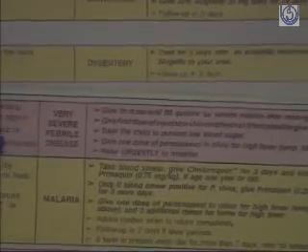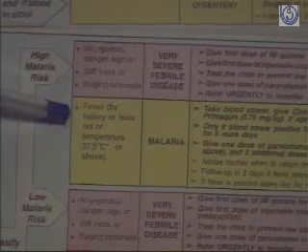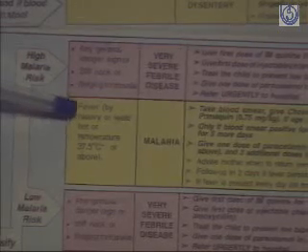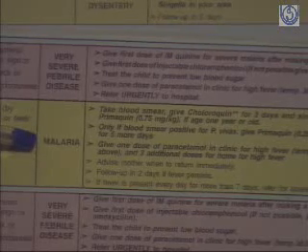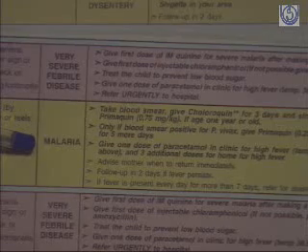Then we move further down. Now in high risk malaria, if none of the signs of the red box is there and only fever is present, since it is a high malaria risk, we will have the classification of malaria, because the chance of the baby having malaria is very high if none of the above signs are present.